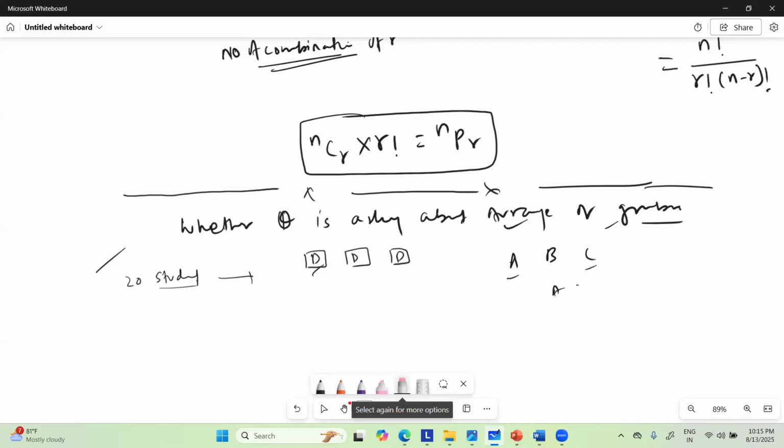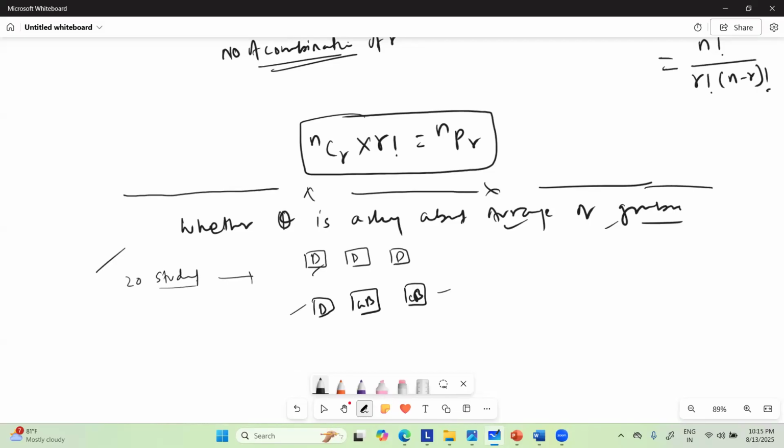But अगर मेरे पास 3 different prizes होते, जैसे एक डिक्शनरी, एक ज्योमेट्री बॉक्स और एक क्रिकेट किट या क्रिकेट बैट.